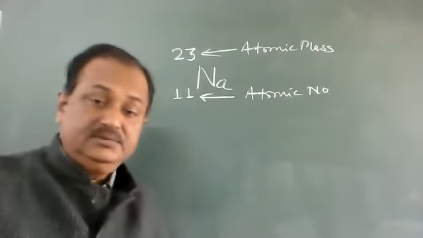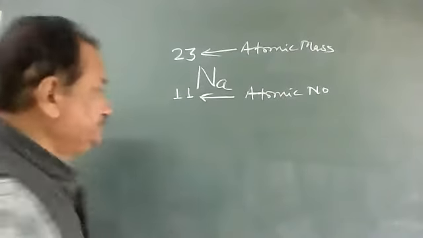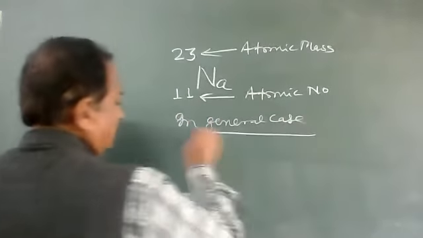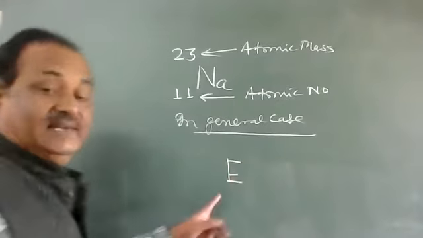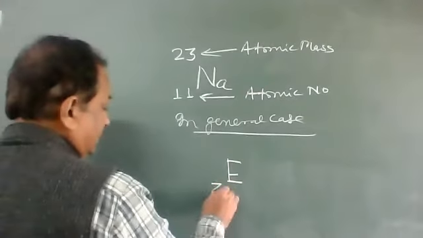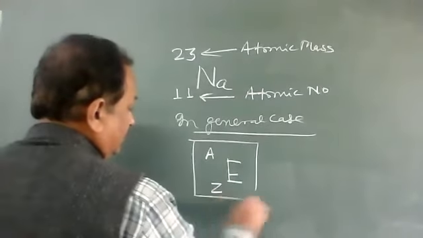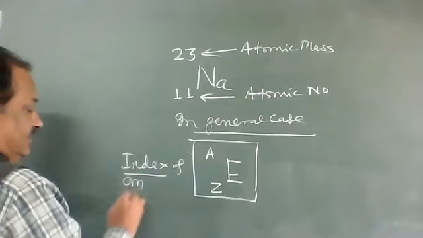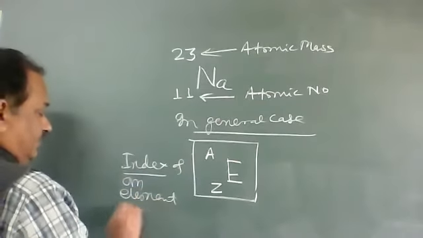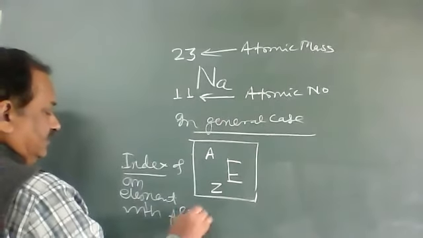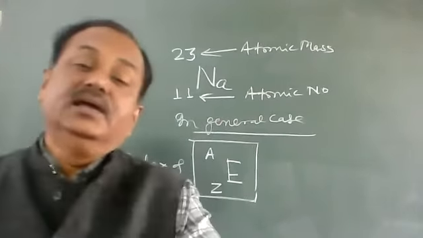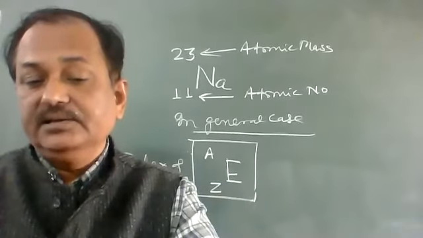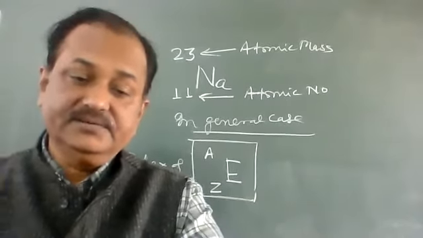It is fixed throughout the world. Everyone has to follow this. Or in the general case, E is an element, and here is the Z, here is the A. So this is the index of an element with A and Z. This is atomic mass, atomic number, their representation, their significance.